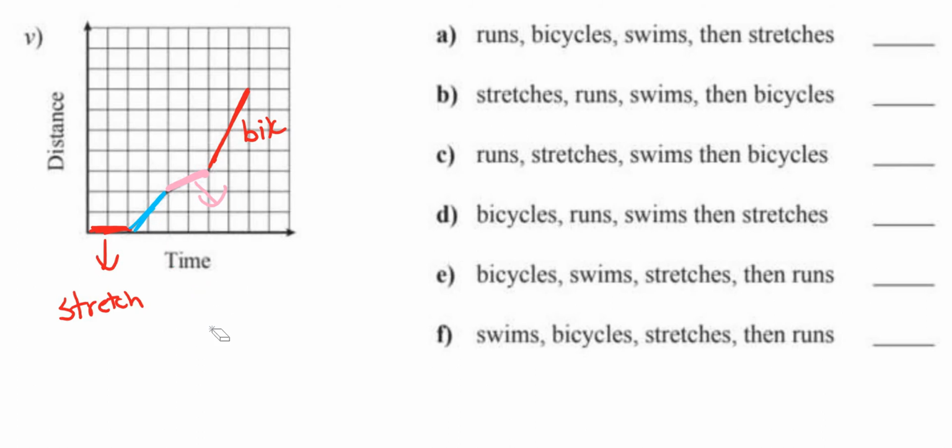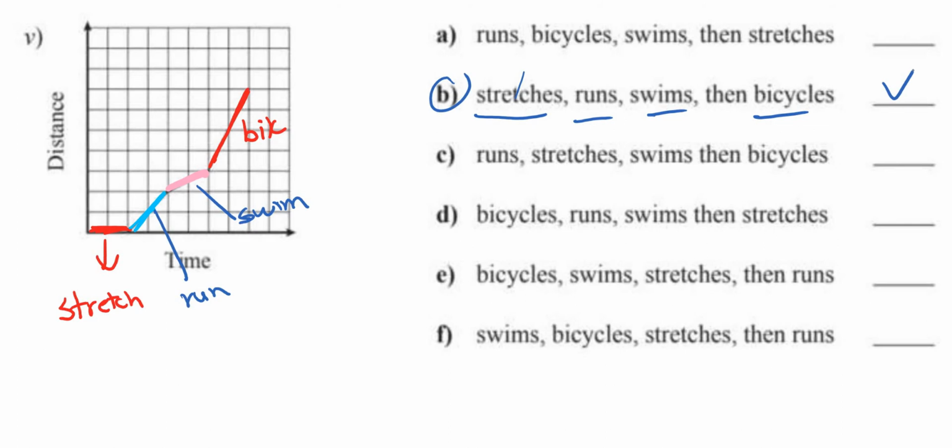Sorry, botched that one there. This one right here is going to be your run, and that's going to be your swim. So sorry about that. So for number 5, I believe that one's going to be, is that letter B? Stretch, run, swim, bike. Yeah, so this is going to be number 5 here.